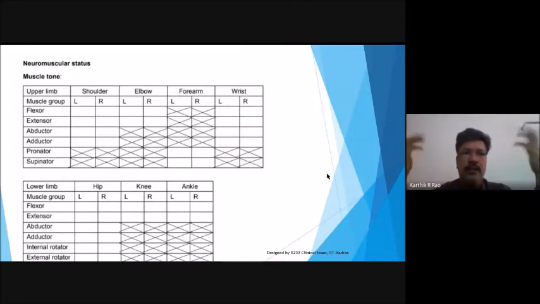We see that mainly through these groups: the flexors and extensors in the shoulder, abductors and adductors, as well as the elbow, the wrist and forearm. These are the things that we check, as well as for the lower limbs. We'll look more into this in the practical demo session. And for the lower limb, we check the hip, knee, and ankle.